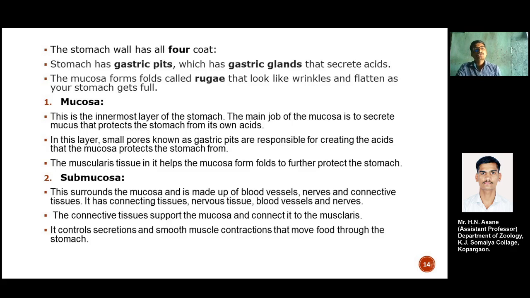The connective tissues support the mucosa and connect it to the muscularis. It controls the secretions and the smooth muscle contractions that move food through the stomach.